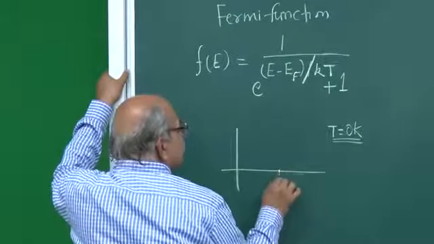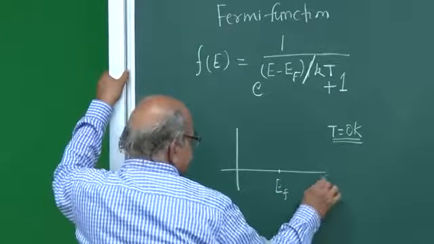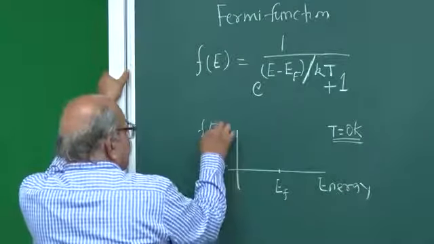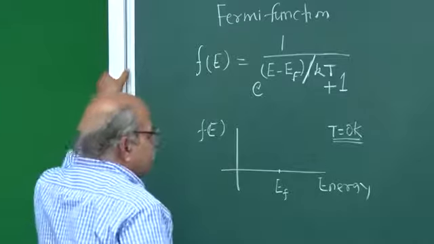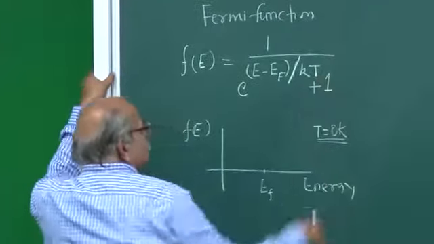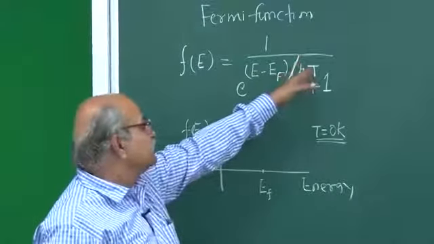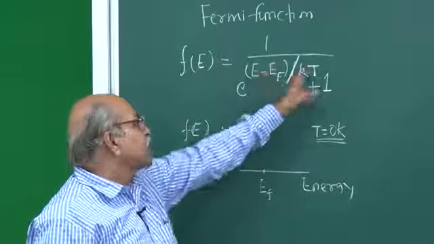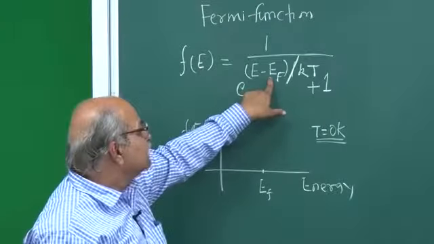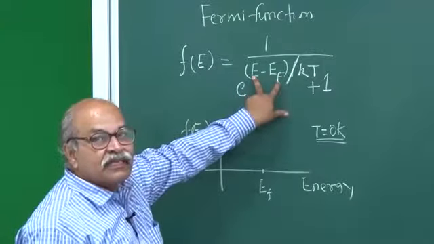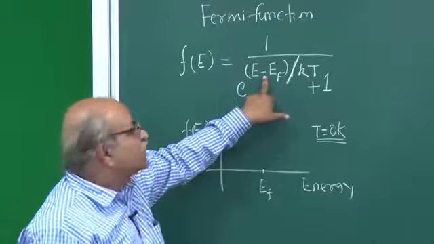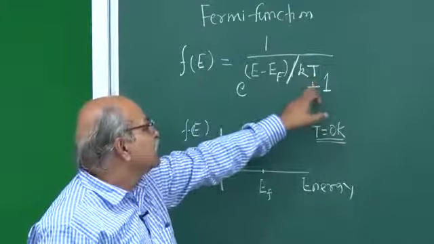So this is EF, this side is energy, and this side is Fe. If T is 0, the exponent is going to be infinity, since T is in the denominator. But if E is less than EF, this is a negative quantity, and so it is e to the power minus infinity, which is 0, and then plus 1. So 1 divided by 1 is 1.